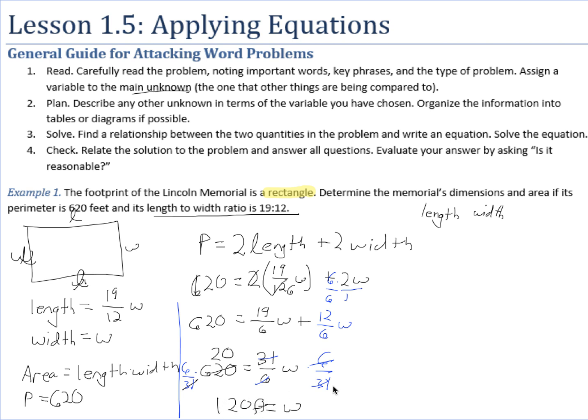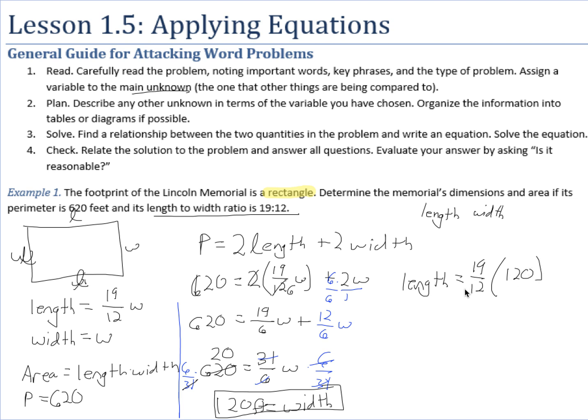We're partway there because we found the width. We can now pretty easily find the length because length is 19 twelfths W. So we found our width. Now our length is equal to 19 twelfths times W, which we found was 120.